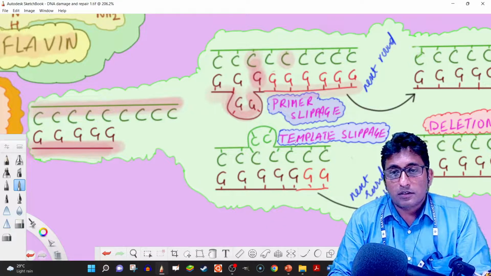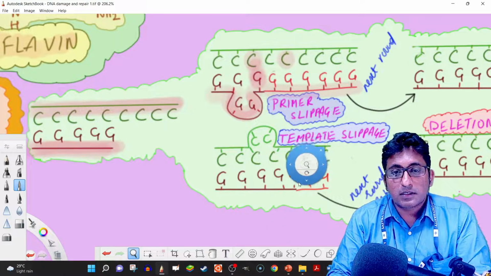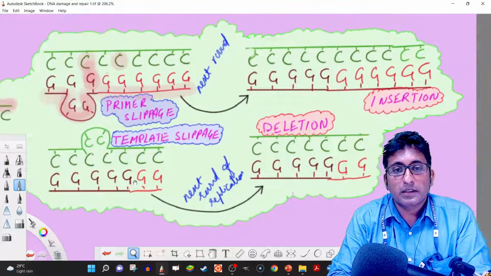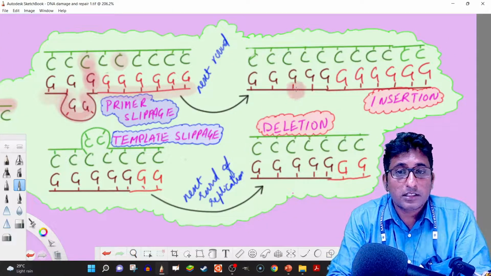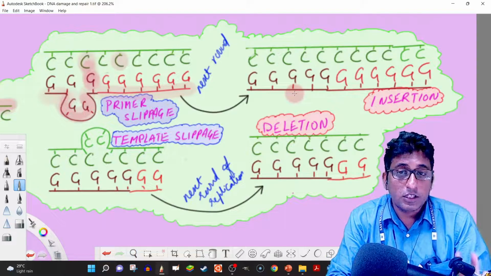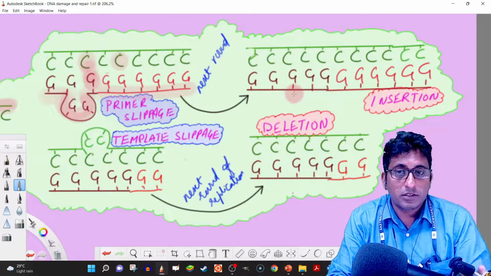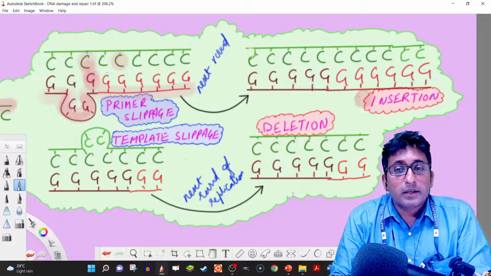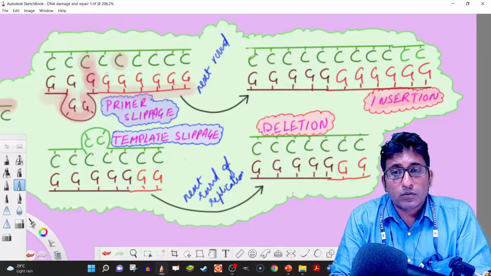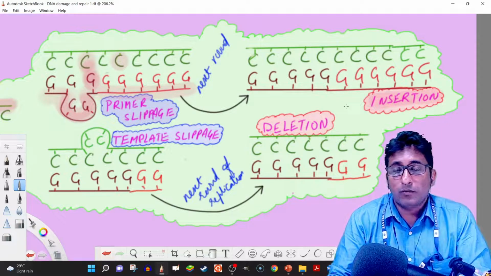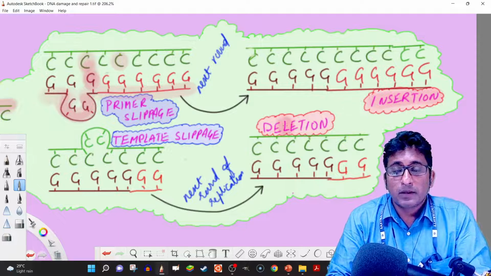So as a result, what we see is that there are extra 2 G's that were added, or 2 bases in general, and that is how slippage of the primer could result in insertion.